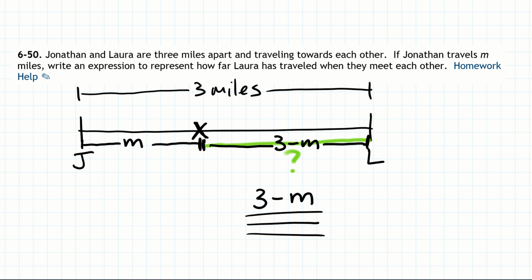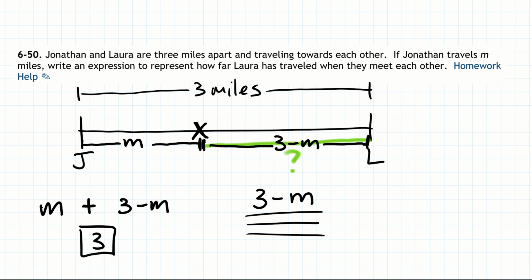And I know this is right for a couple of reasons, but primarily because if I take m, the distance Jonathan travels, and I add to that the 3 minus m that Laura traveled, when I add those together, I get that the sum is 3, which is what it should be.